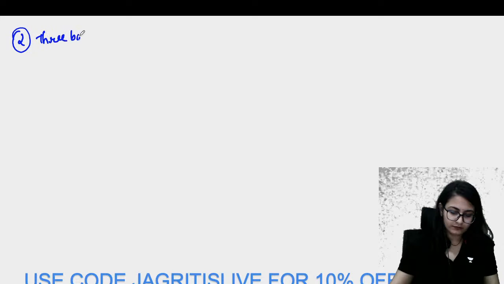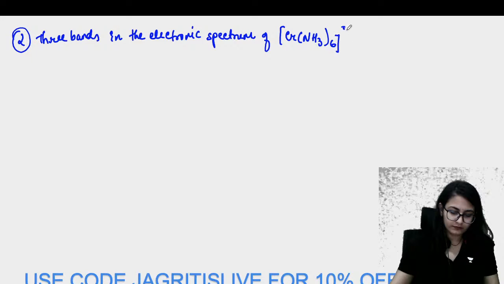Three bands in the electronic spectrum of chromium hexaammine 3 plus are due to the following transitions.